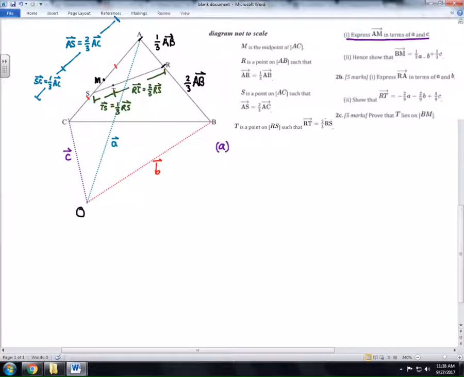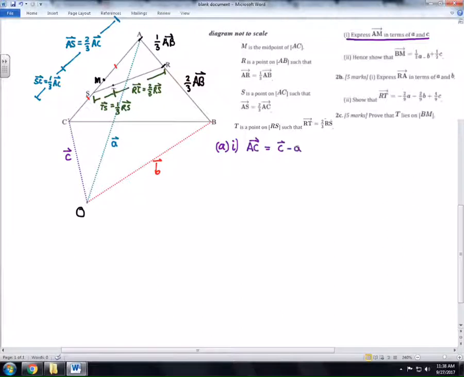You have to know your basics of vector algebra so you can follow along with this particular problem, because I'm not going to be able to explain the basics. For example, one of the basics that I will explain now is that we can express AC as the difference between vector C minus vector A. So if I wanted to express AC in terms of A and C, I would just say C minus A. That kind of stuff we have to accept as self-evident so that we can follow along in a timely manner.